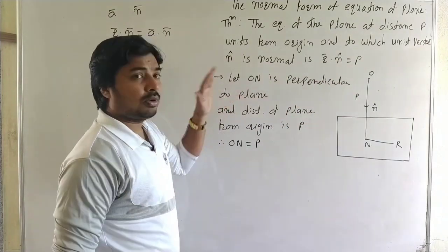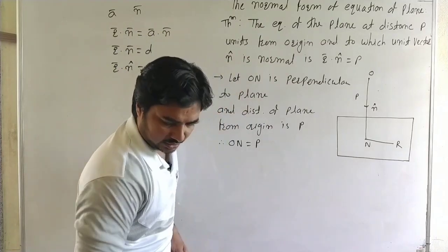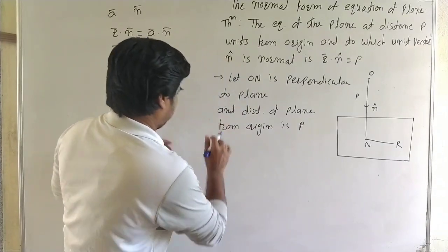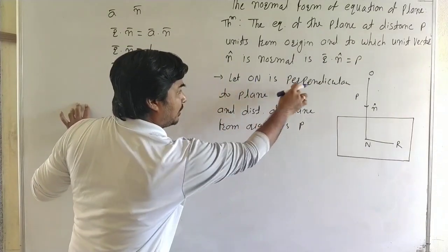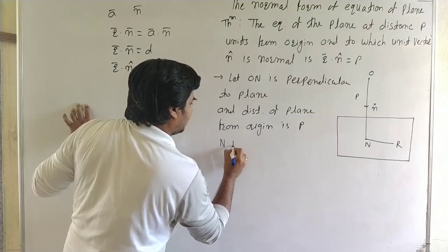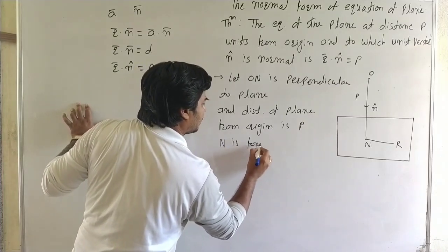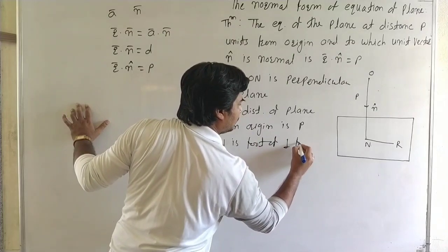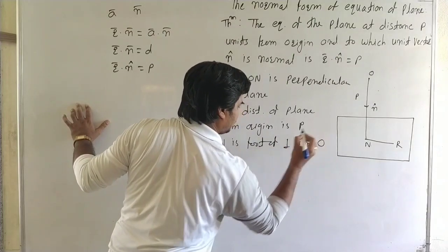N is the foot of the perpendicular. Here ON is perpendicular to the plane, therefore N is the foot of the perpendicular from the origin.